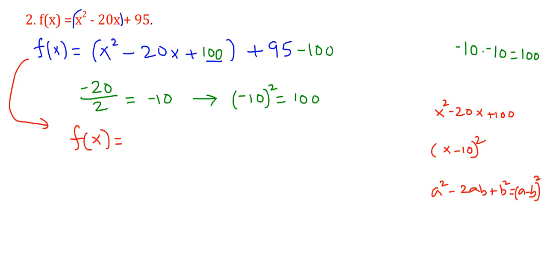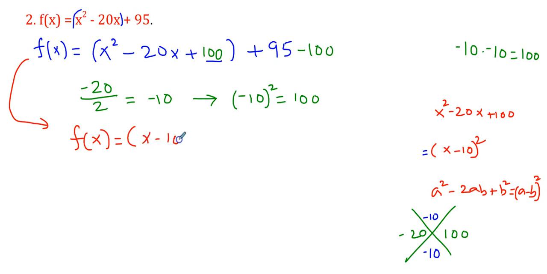Or like I always say, use this process: -20, positive 100, half of -20 is -10, and -10, right? Adding -10 and -10 is -20. Multiply gives you 100. So your factors are (x minus 10) times (x minus 10), which is (x minus 10) whole square. So that's what I'm writing here.